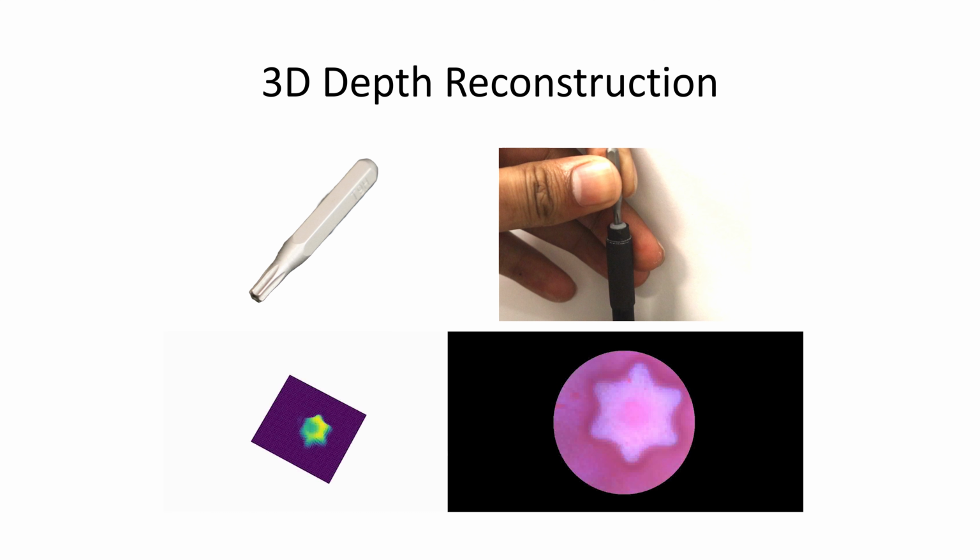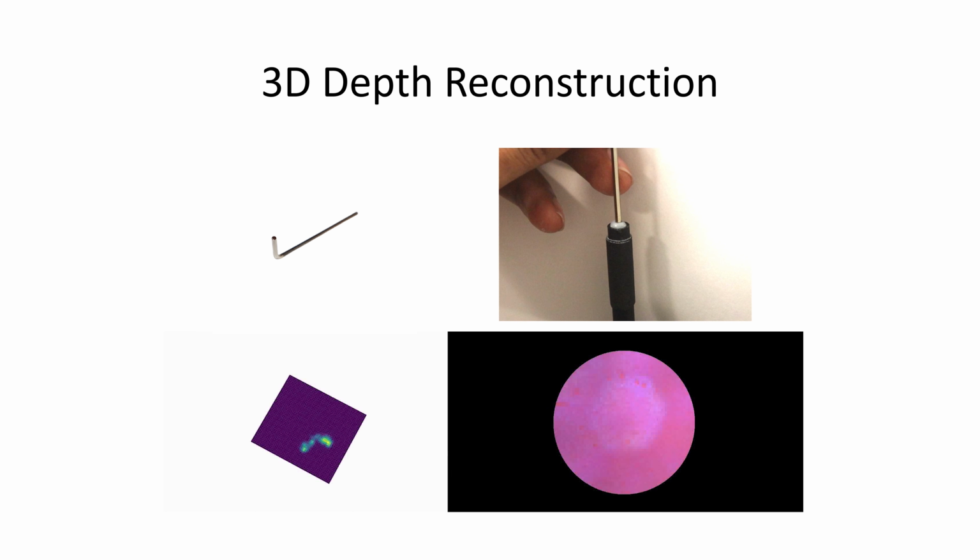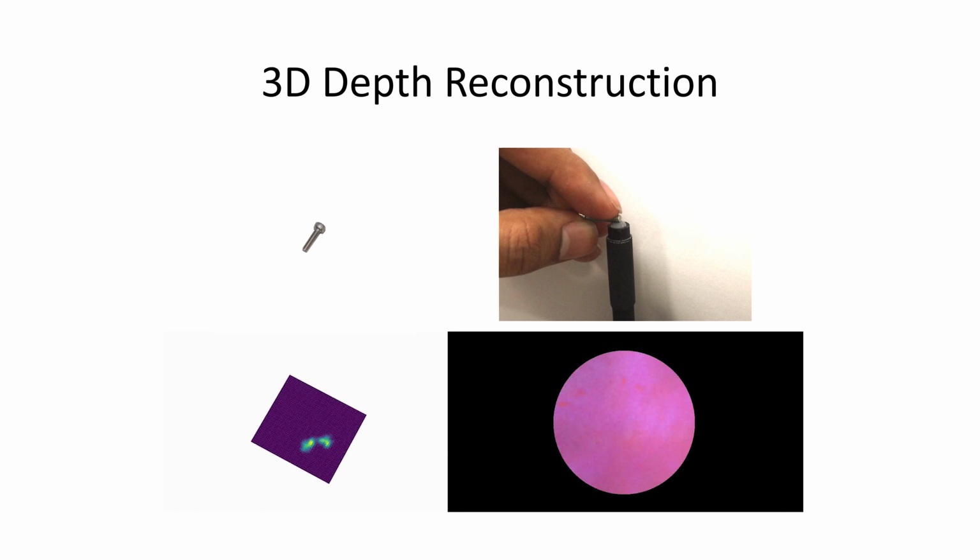For this demonstration, we used a triangular screwdriver bit, a Torx screwdriver bit, a hexagonal Allen key, a screw thread, and a sphere.